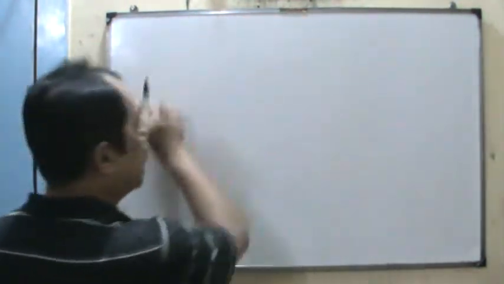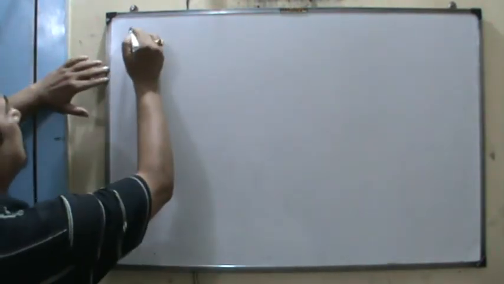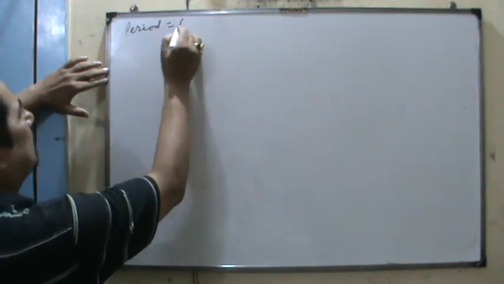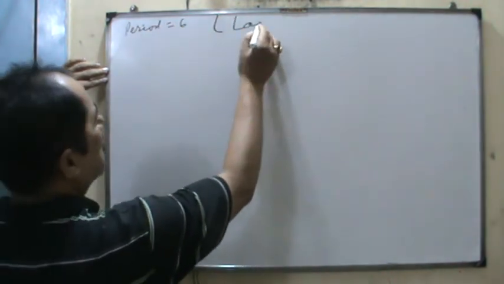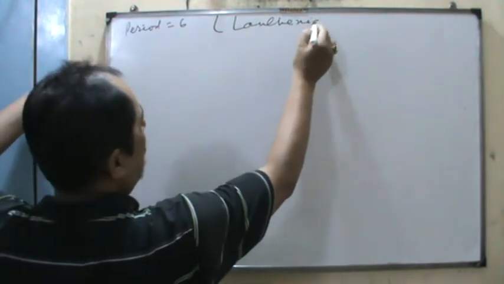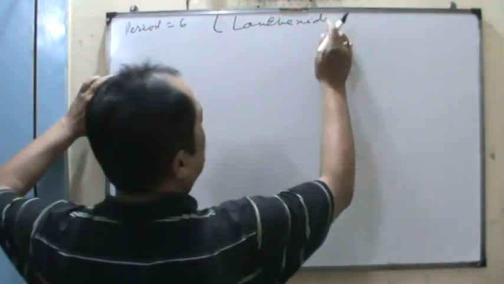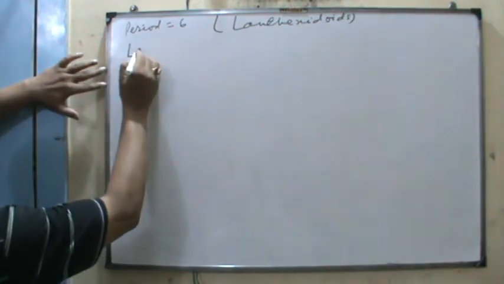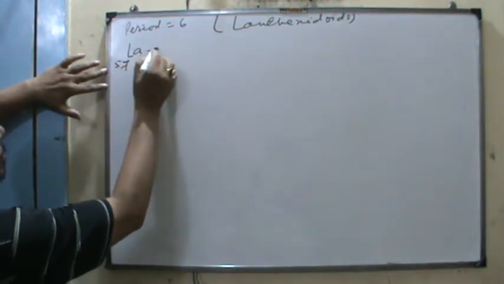The way you can write the position of F block elements is like, for example, in case of the lanthanide series, I can write here period 6th, lanthanide, lanthanoids. La is no doubt D block, but its property is very close.